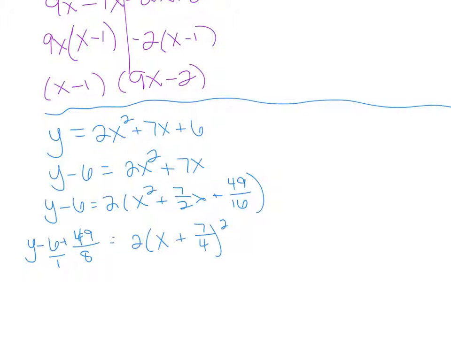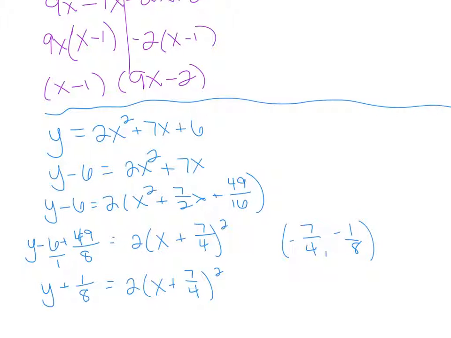So let's see, this would be 48. So y plus 1/8 equals x plus 7 fourths squared. My vertex is at negative 7 fourths, negative 1/8. If you look up here, my c is my y-intercept, so I have a y-intercept at 0, 6.